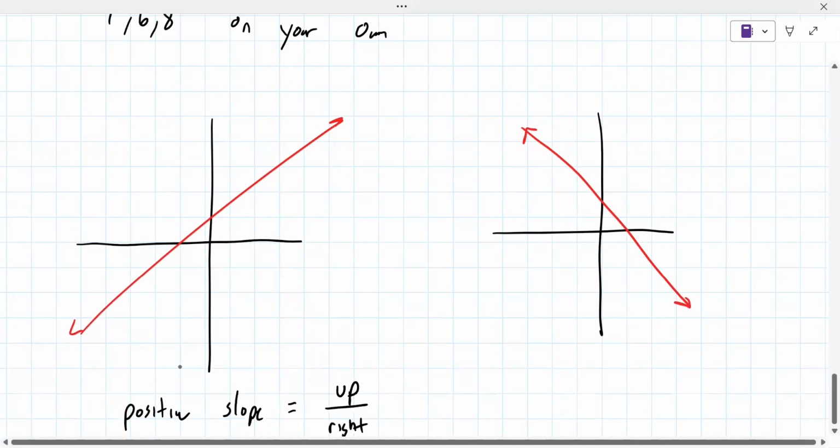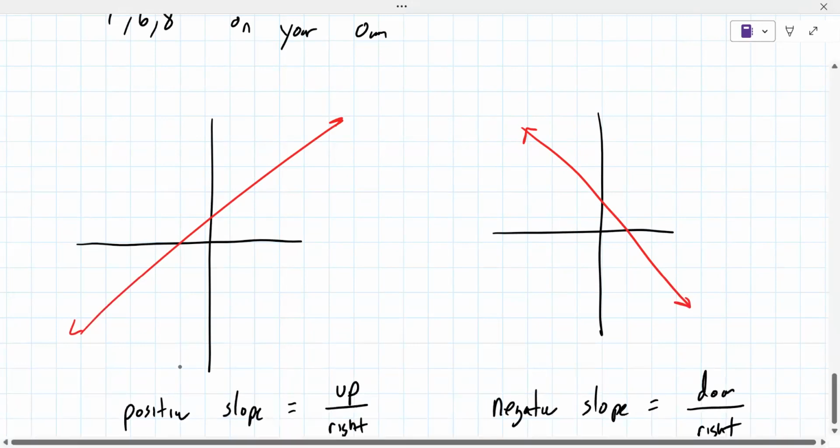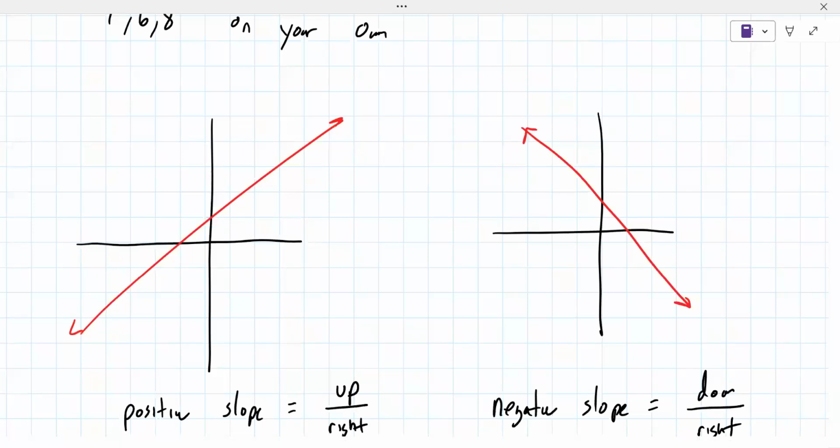Do you agree with that? Okay. The one on the right has a negative slope because it goes down and to the right. So down is negative, up is positive.